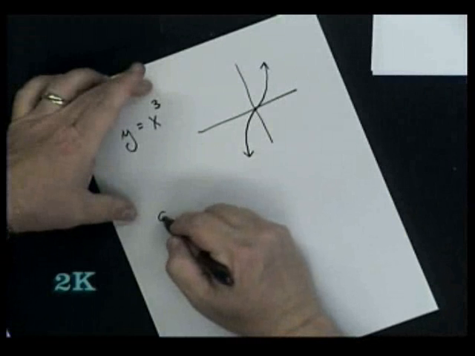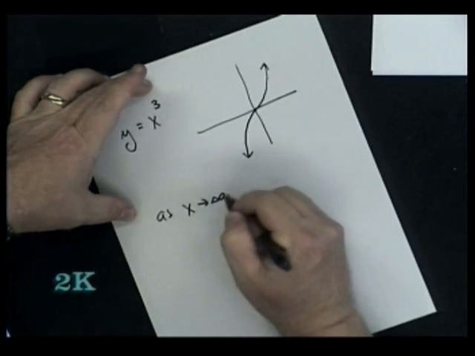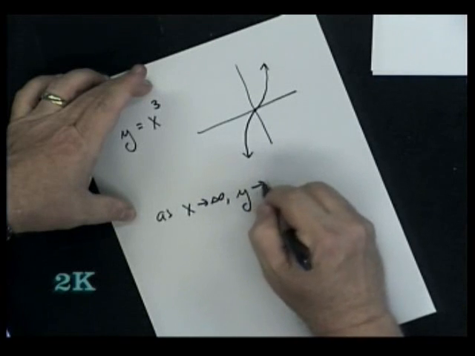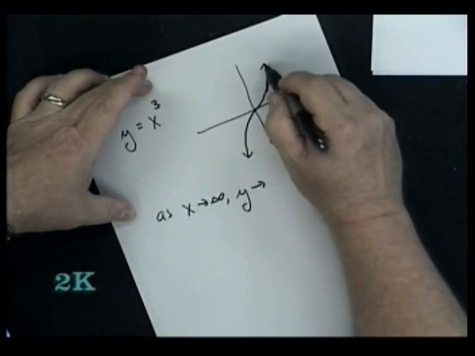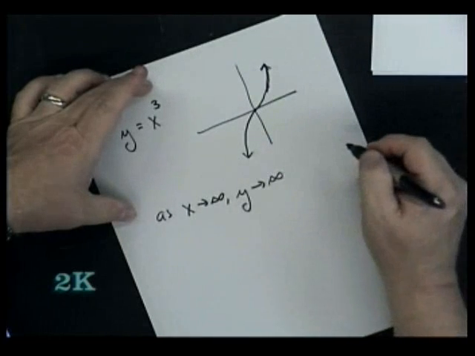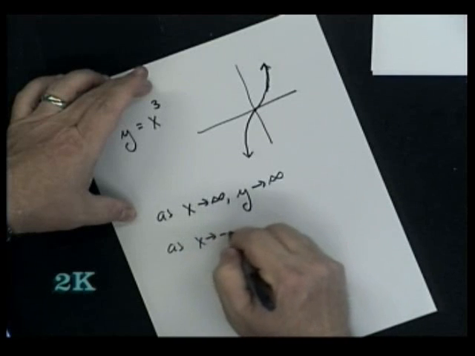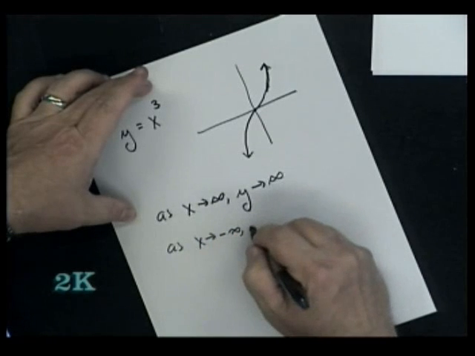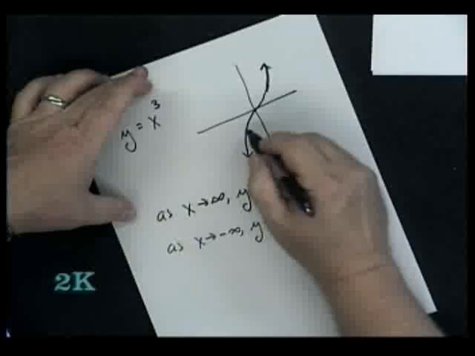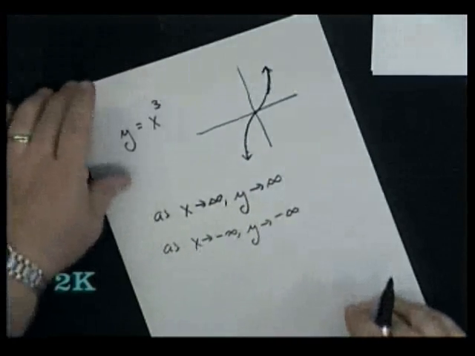Now this one, as x goes to infinity, y goes to, oh, look at that, it's just like x squared. As x goes to infinity, y goes to infinity, and as x goes to negative infinity, y goes to, in this case, negative infinity.